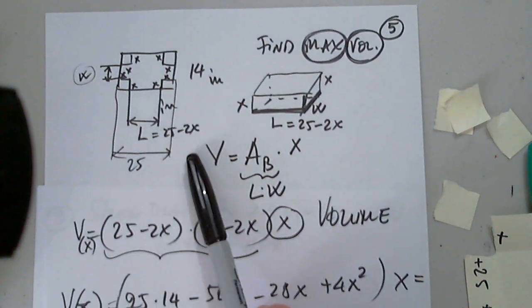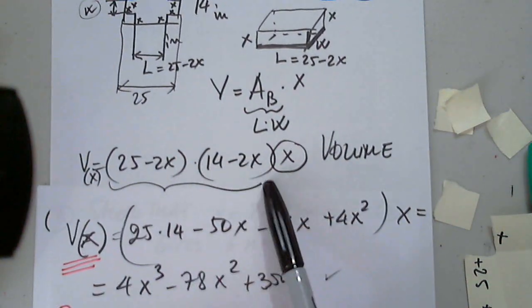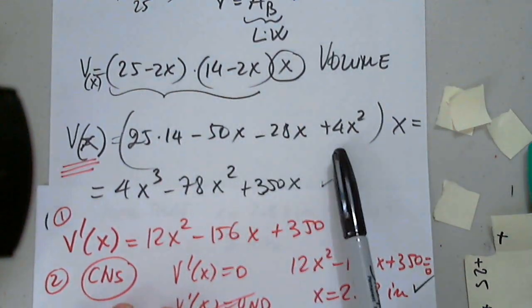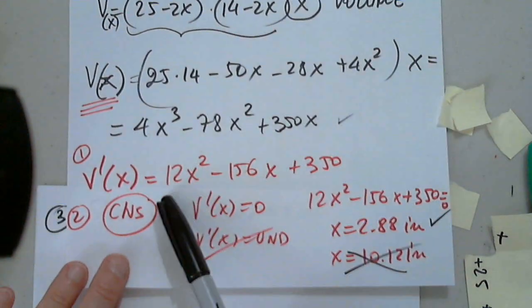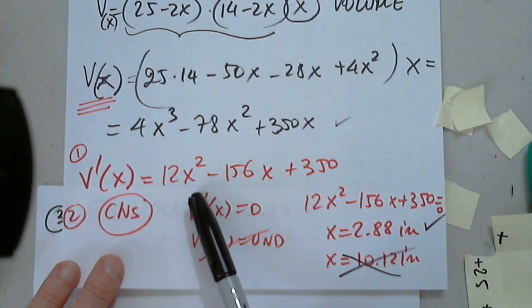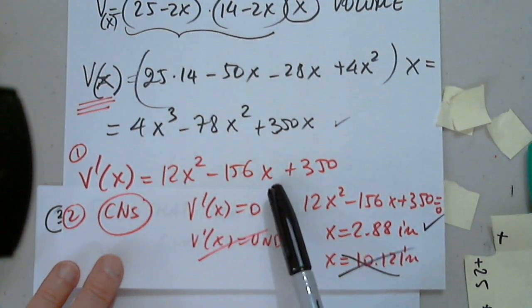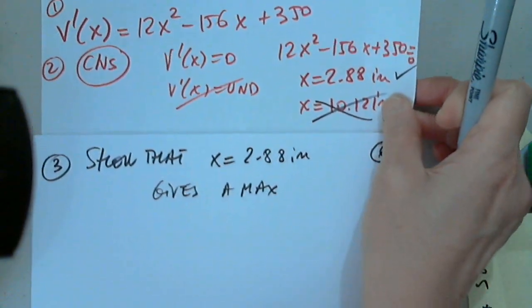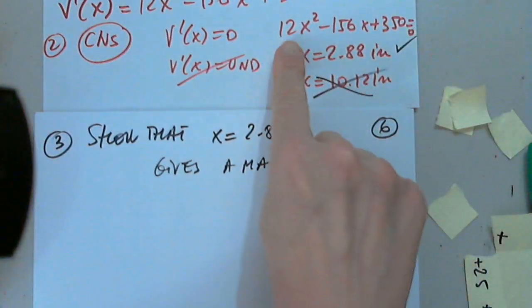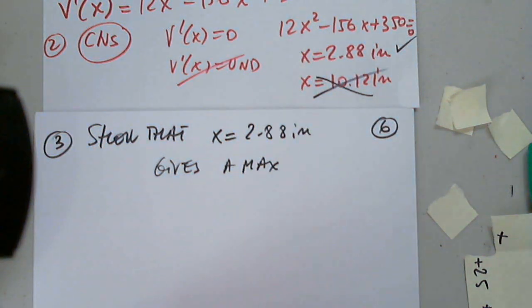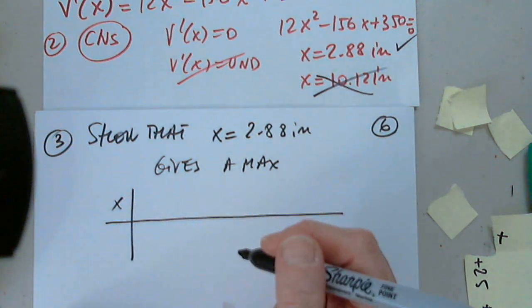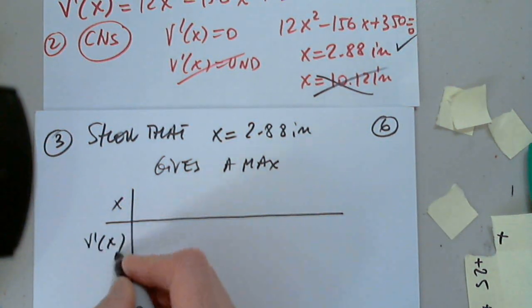So this was indeed 25 minus 2x, and this was 14 minus 2x. That's correct. And then x. I don't think I made any error anywhere. So this is 12x squared minus, yes, okay, that was okay. Because the positive will give us a minimum. So can you read the problem for us one more time just to make sure?